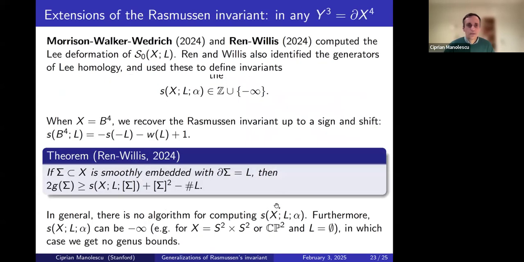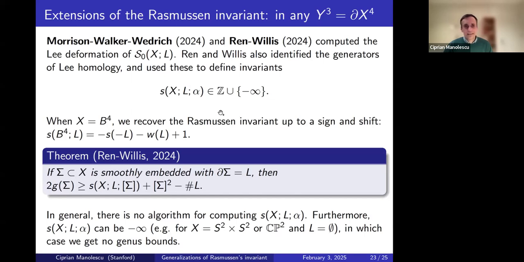All right. So, since we want to talk about the Rasmussen invariant, the extension again was done one year later, independently by Morrison, Walker, Wedrich, and Ren and Willis, they did the Lee deformation. Ren and Willis did a little bit more. They identified the generators, and they defined this S invariant. I mean, Morrison, Walker, and Wedrich also defined an S invariant, but slightly different.